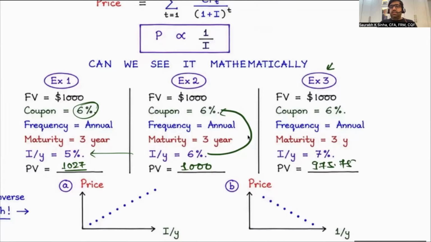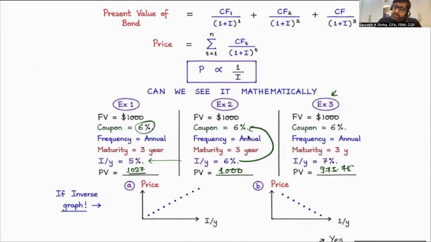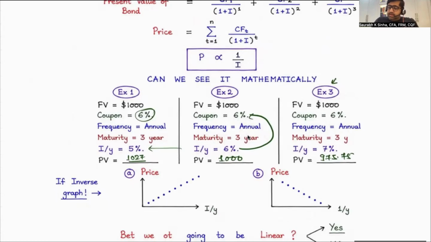Now, if I have to ask you whether price and yield, or price and interest rate, will have this image or this image. Graph A: if interest rate rises, then bond price will also rise.